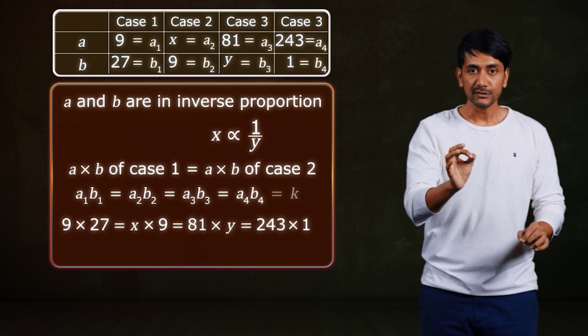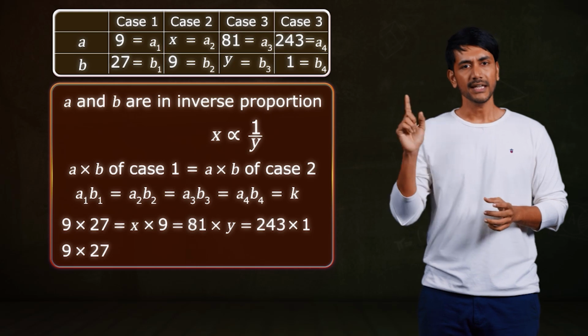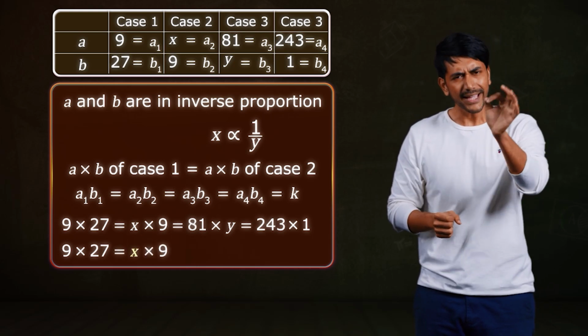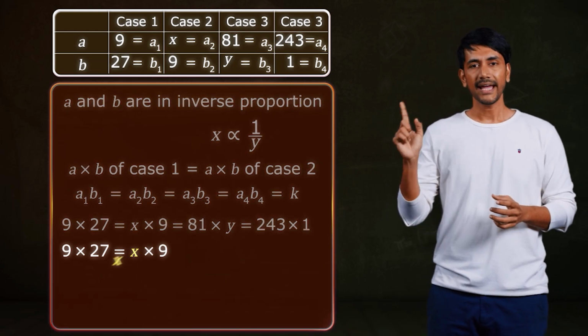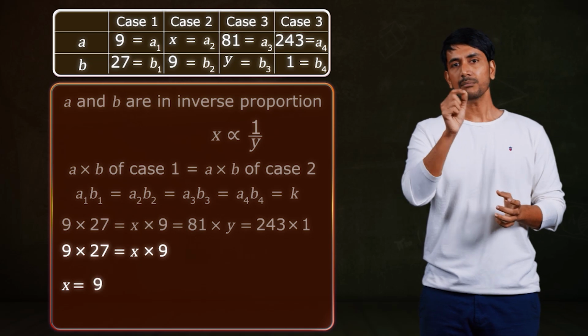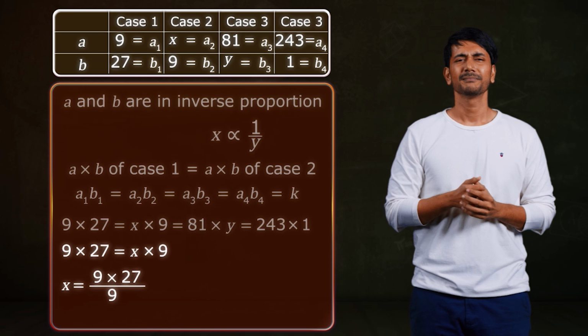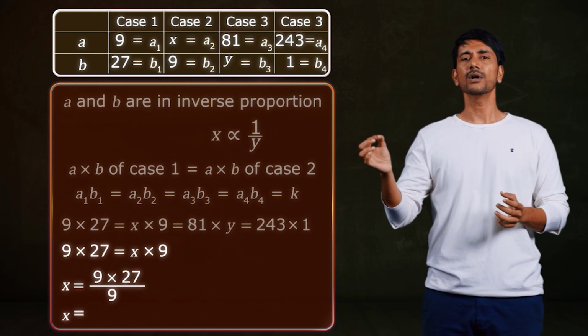First, let us solve the equation 9 multiplied by 27 equal to x multiplied by 9 to find the value of x. On solving, we get x is equal to 9 multiplied by 27 whole divided by 9. Then on simplification, we get x is equal to 27.